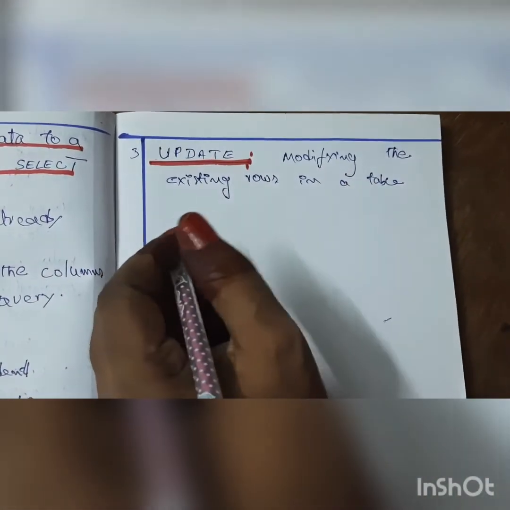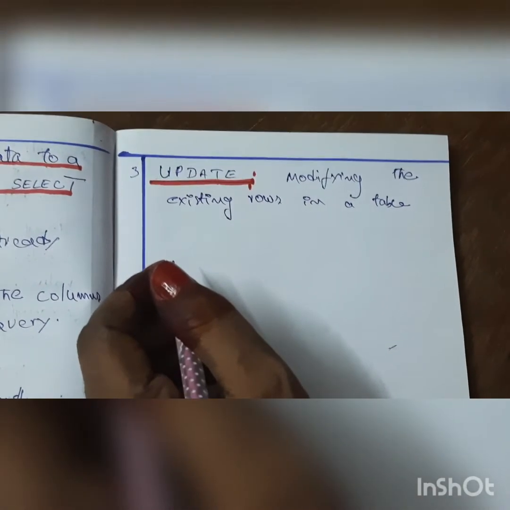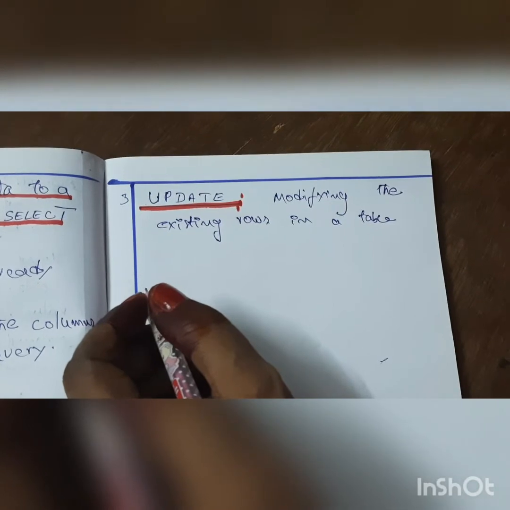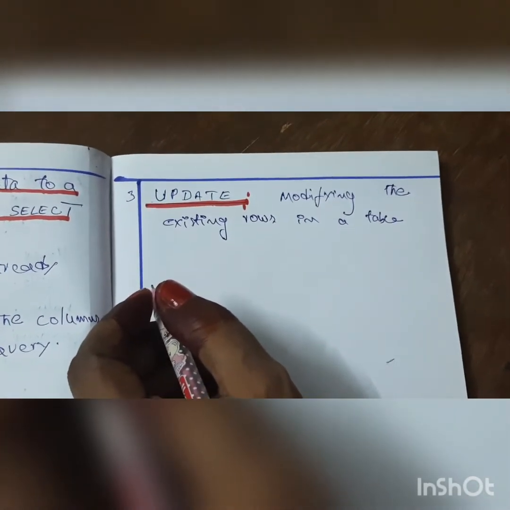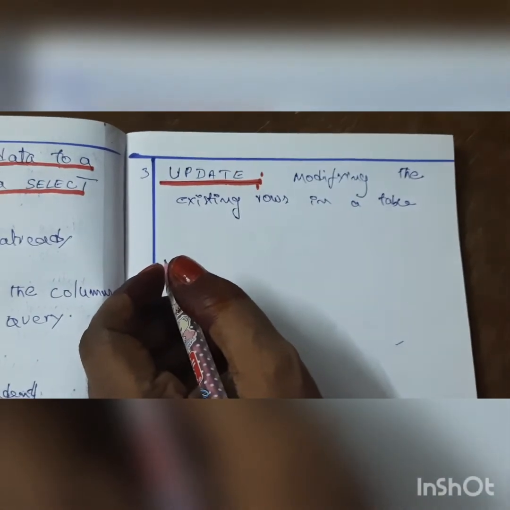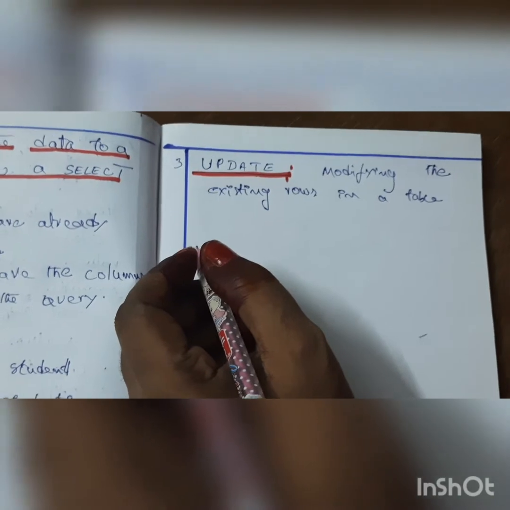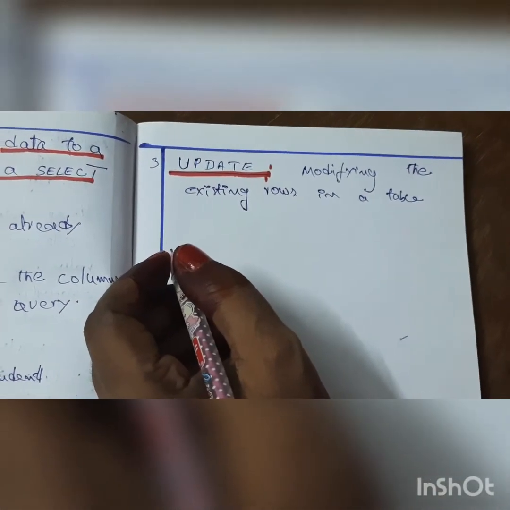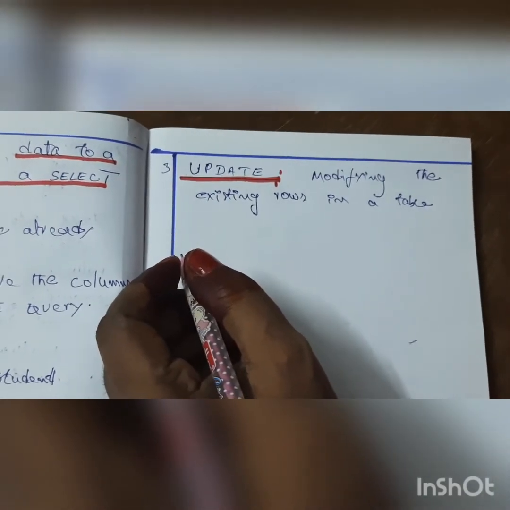Updation can be carried out for all the rows in a table or selected rows. The update statement modifies specific rows if the where condition is used. If you omit the where clause, then all the rows in the table are modified. Values of a single column or group of columns can be updated.